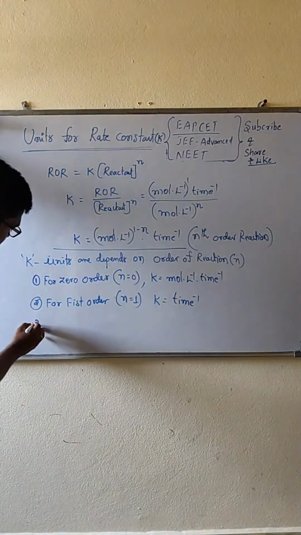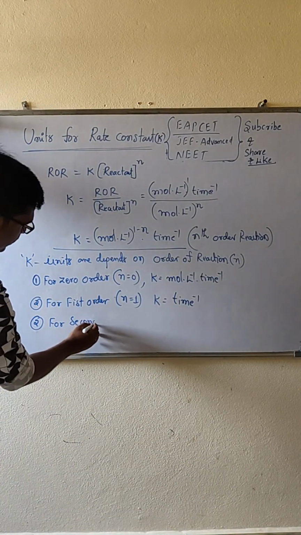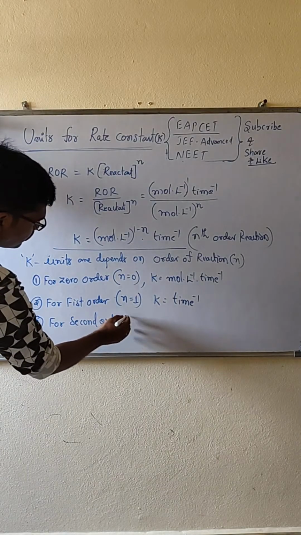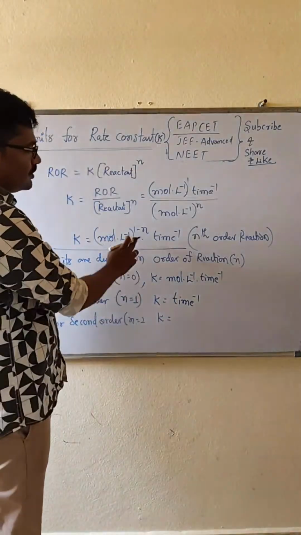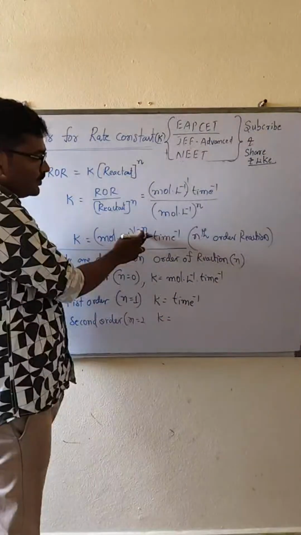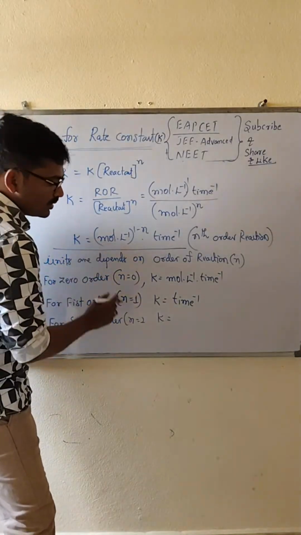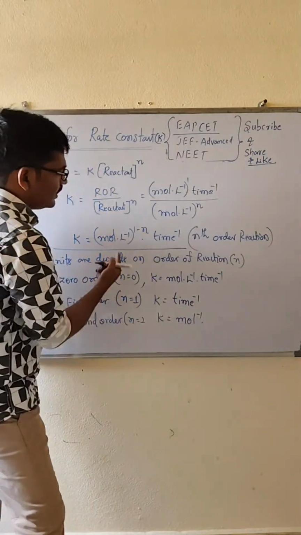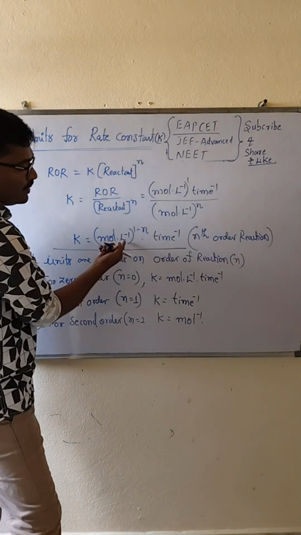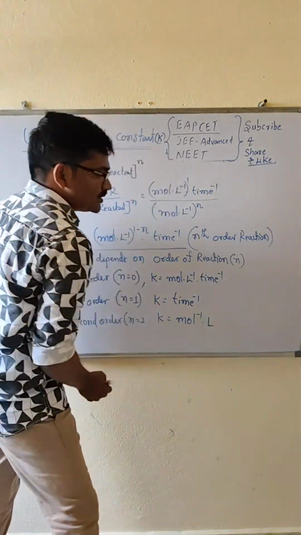Then second order reaction: you have to take n equals 2, then k equals, in the place of n if you take 2, then 1 minus 2, that is minus 1, you get. So mole power minus 1, liter power minus 1 to the power minus 1, minus into minus plus.